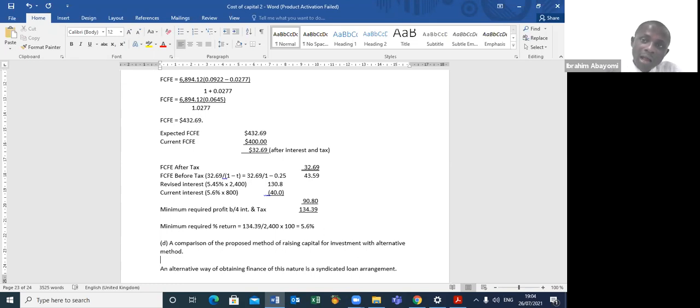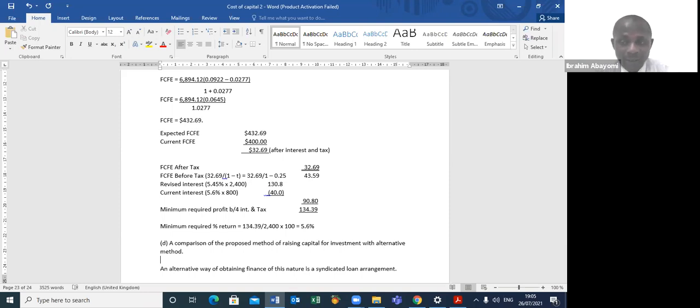Except you want to go and seal up an arrangement with your issuing house, where the issuing house will guarantee you that if the bond is not fully subscribed, then the balance unsubscribed will be taken over. So apart from that, you may end up getting a lower amount than what you need for your investment.